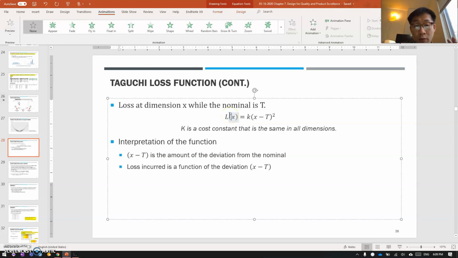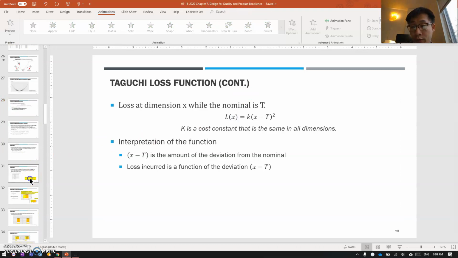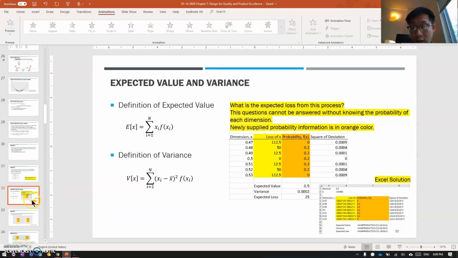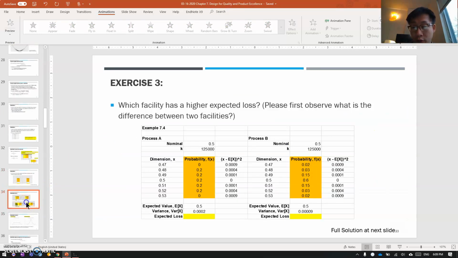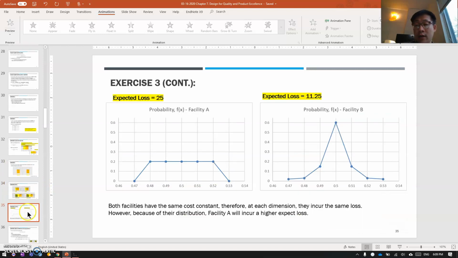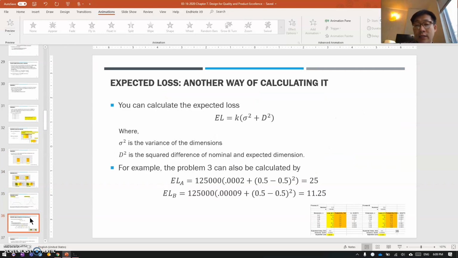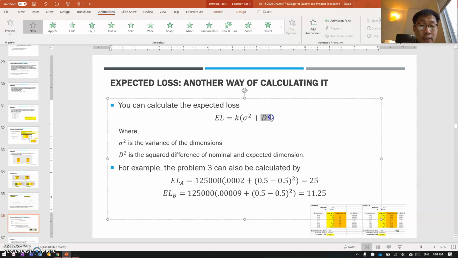That's one component, one product, one unit. And it can also help you figure out the expected loss for your manufacturing process. There are many different ways you can calculate the expected loss, but the key is that you need to always obtain the variance as well as the expected deviation, or the mean difference between the process average and the target.